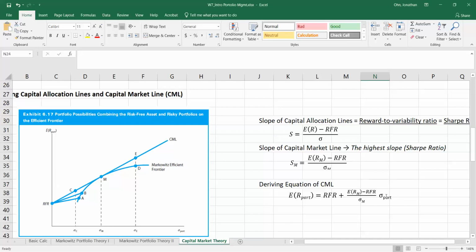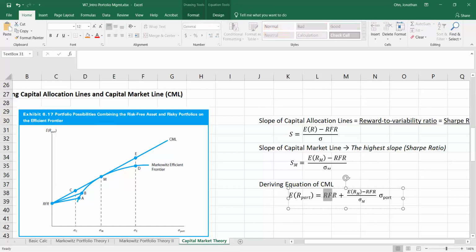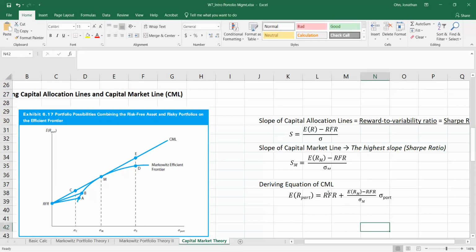The x-axis is this one, the intercept is this one, and the slope is this one. Intercept plus slope times x-axis, and this one is the y-axis. That's how you derive the equation. Again, risk-free return plus the Sharpe ratio times the x variable, which is the risk.